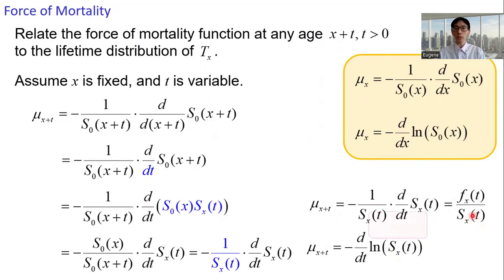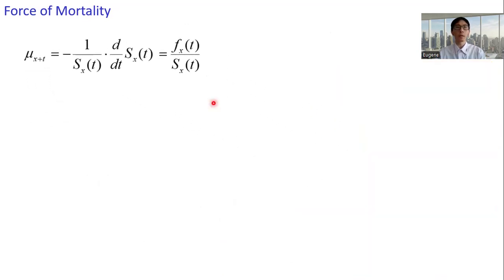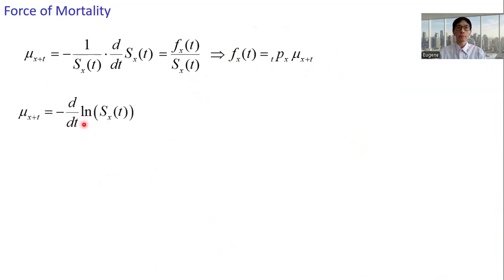Further extend these two expressions. Sx of t in actuarial notation is tpx. So here we have the relationship fx of t equals tpx times mu x plus t. And then the expression with the natural log.